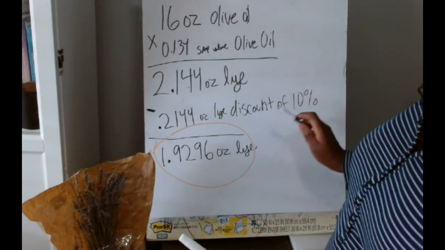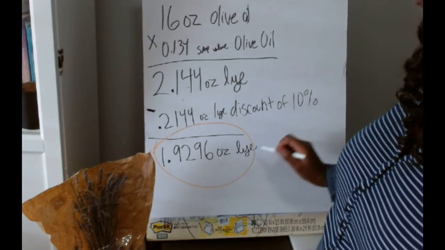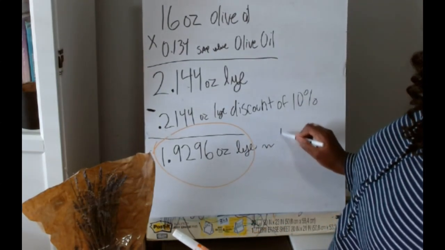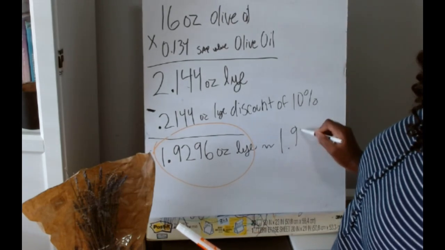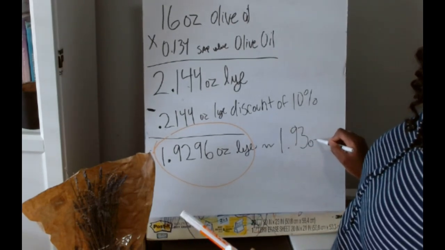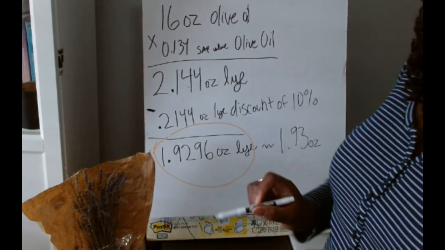And because it's a 10% lye discount, it's pretty safe to round this to 1.93 ounces. All right, and there you go. That is how you can calculate a recipe for soap bars from scratch using saponification values.